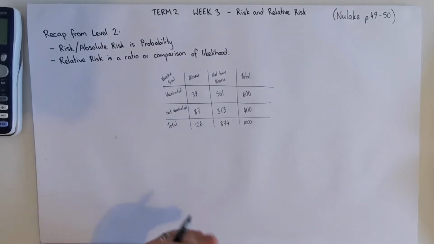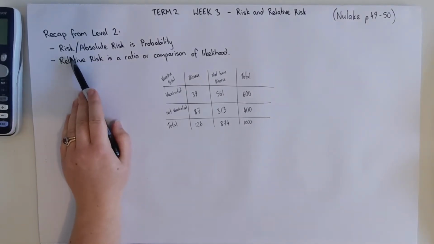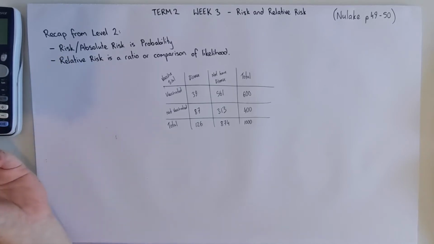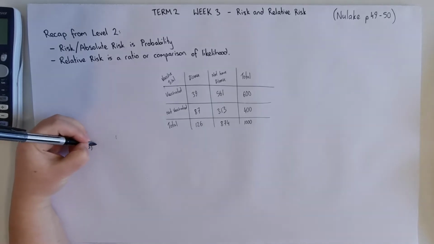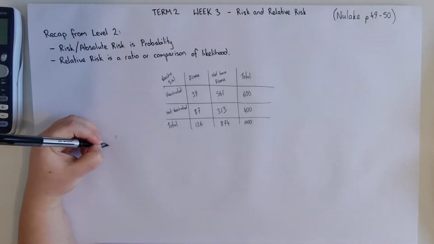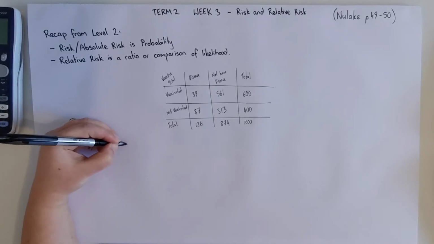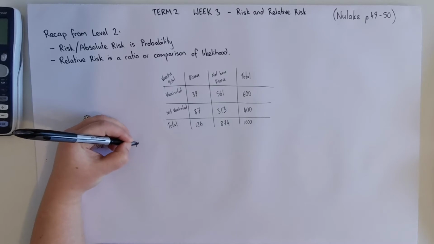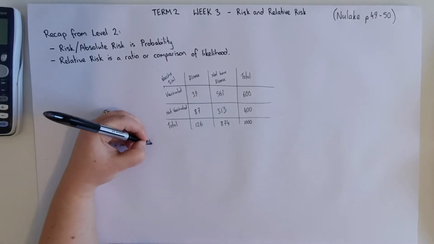Now, the first kind of risk question that you might get would be quite simple and would just be an absolute risk. This might be something like, let's say that question A is, what is the risk of a random person having the disease?